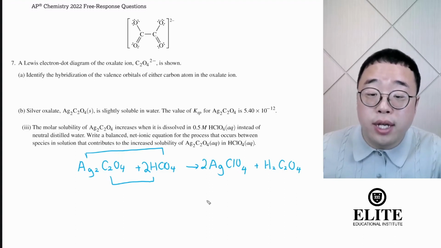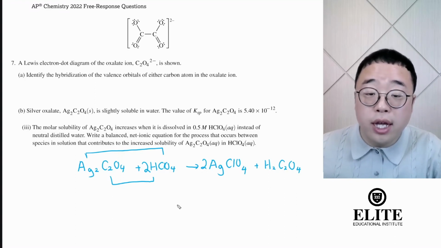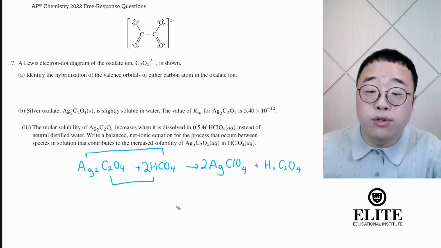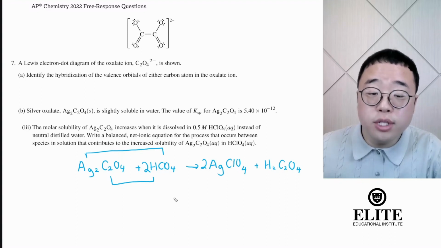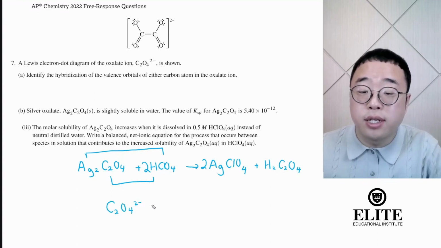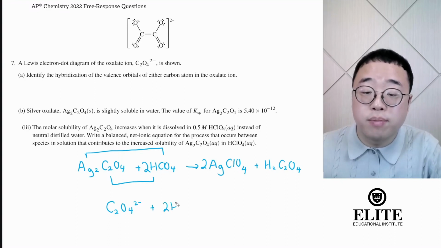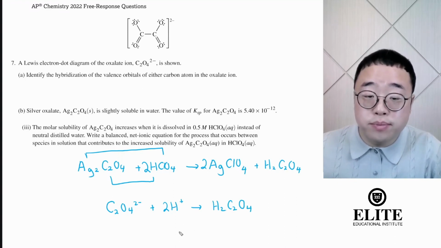Now we're going to write a net ionic equation. In a net ionic equation, we only include the species that are actually undergoing the change. So in this case, we write C2O4 2- plus 2H+ goes to H2C2O4.